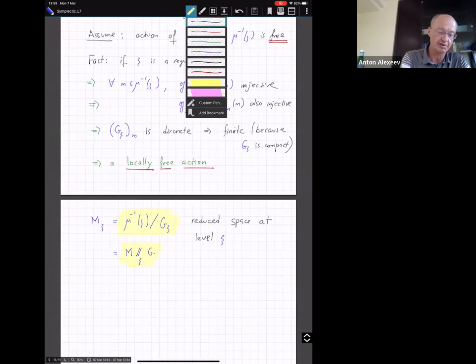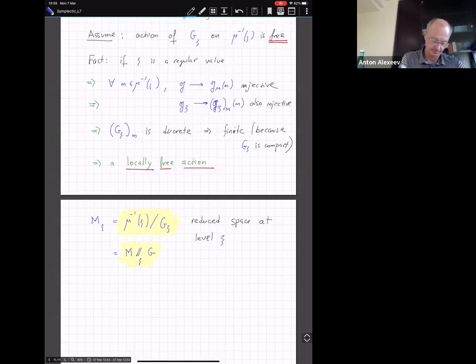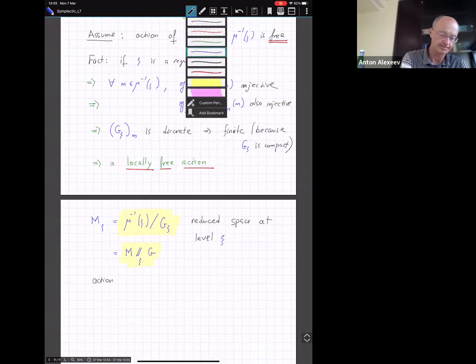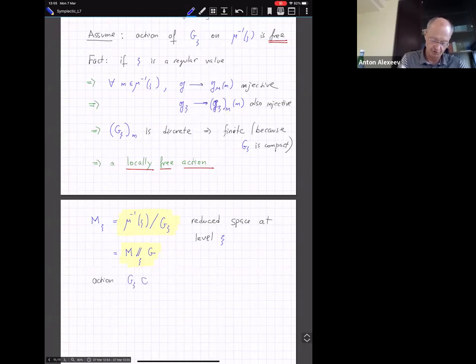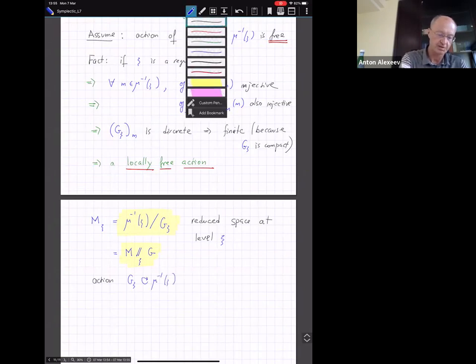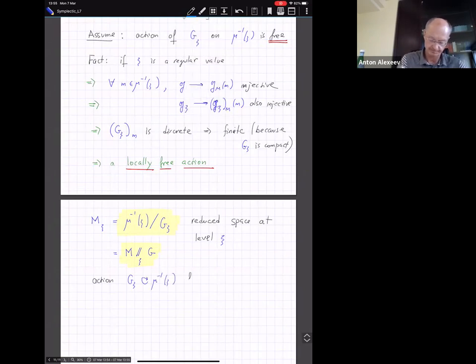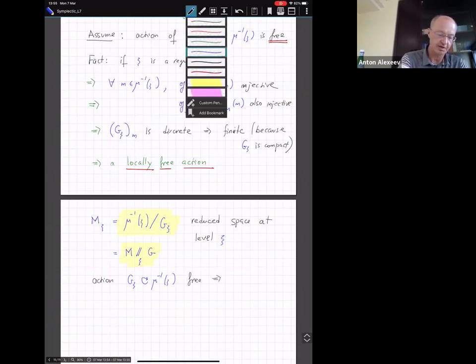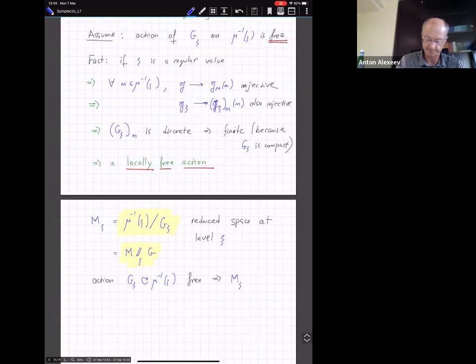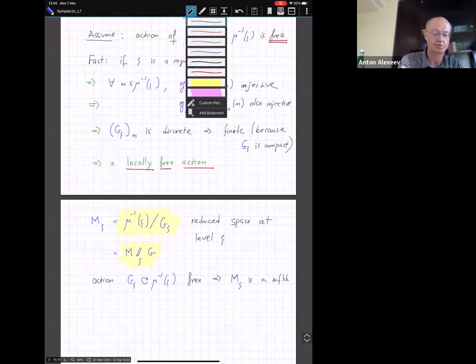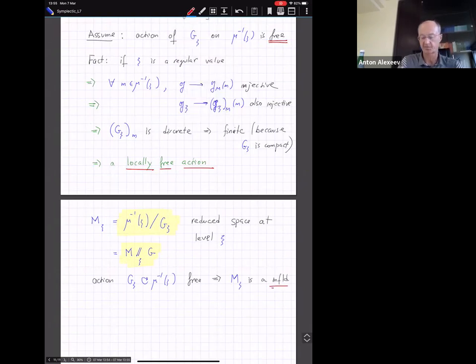It has another meaning in algebraic geometry. If the action of G psi on the fiber is free, then the reduced space is a manifold. And that's why I want to work with this case.